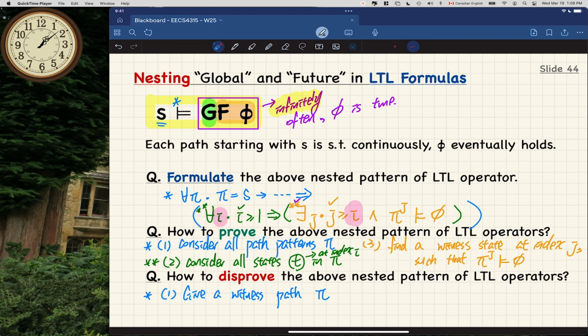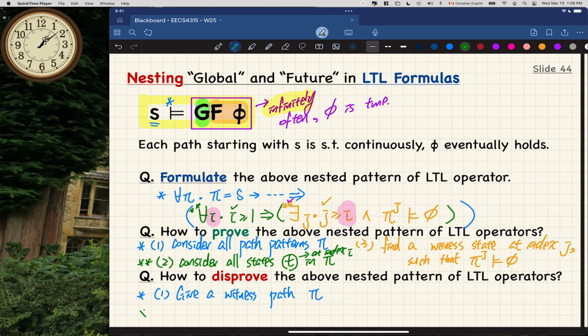You want to give a witness state. For that one, number 2, you have to give a witness state at index I, for example in pi, of course, since we are trying to relate to the pi that we have chosen.